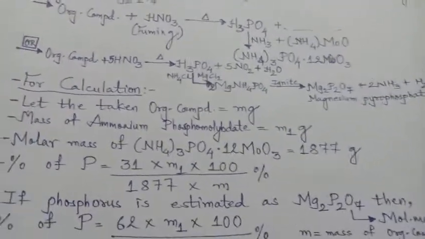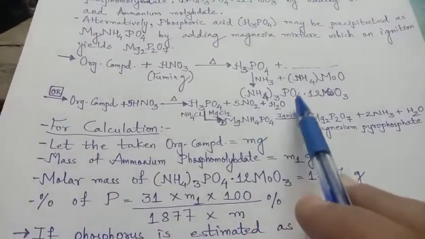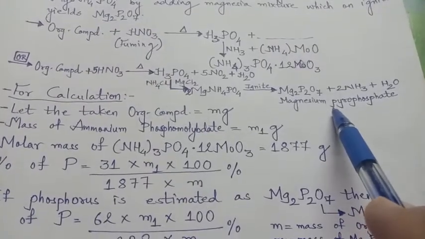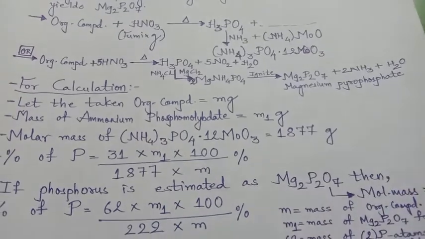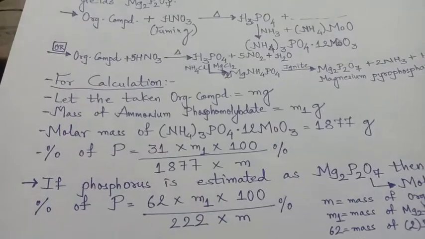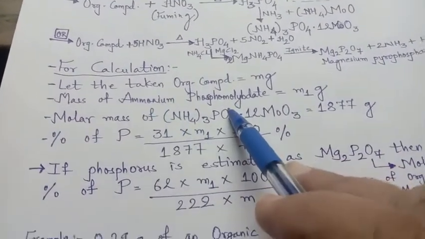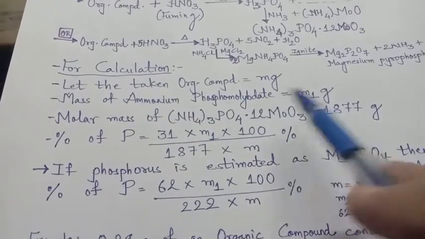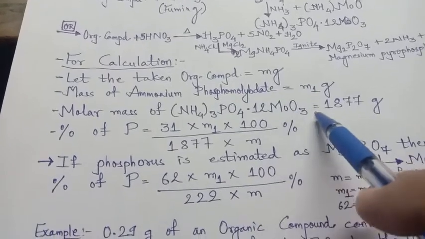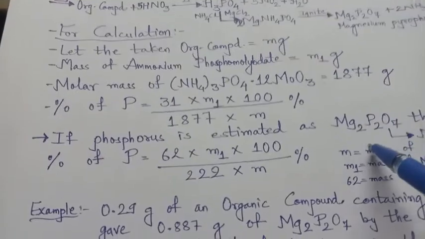So both ways we can calculate: either we can calculate phosphorus from ammonium phosphomolybdate, or we can calculate phosphorus by magnesium pyrophosphate. So in the calculation, the mass of the organic compound taken is m gram. Ammonium phosphomolybdate is m1 gram. The total molar mass of (NH4)3PO4·12MoO3 is 1877 gram per mole.